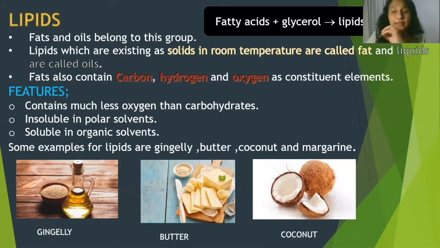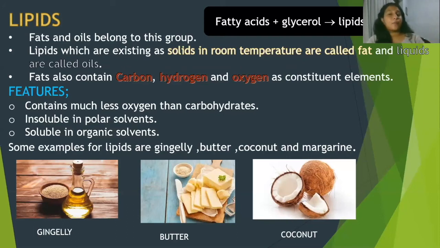So these fats always contain carbon, hydrogen, and oxygen as constituent elements, almost like carbohydrates, right? The features are that it contains much less oxygen than carbohydrates, and it's insoluble in polar solvents. That means lipids like oil are insoluble in water, right?